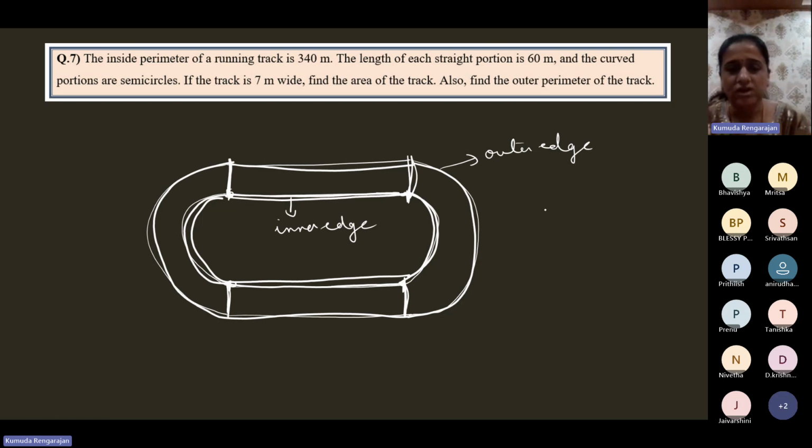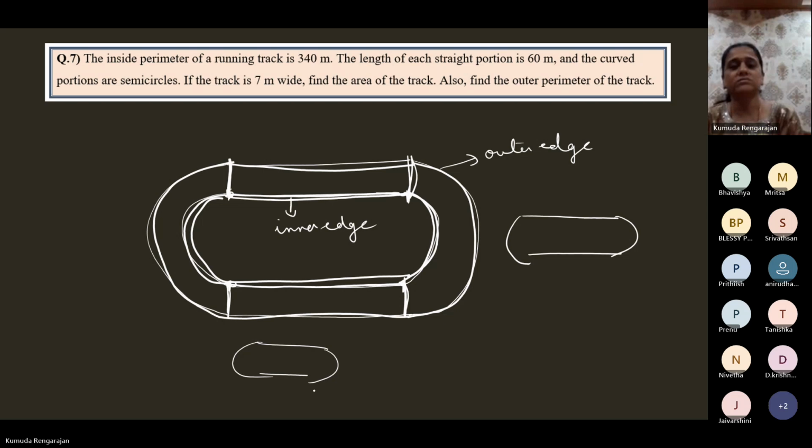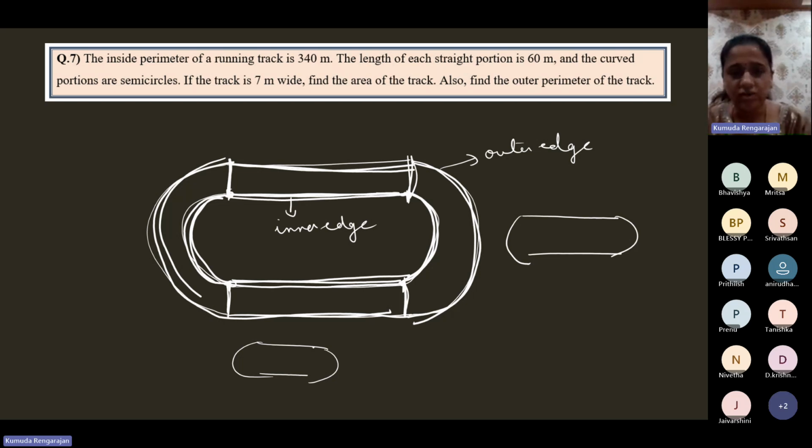So the inner edge is made up of two straight portions and two semicircles. The outer edge is also made up of two straight lines and two semicircles. Now all these 4 straight lines will have the same length.